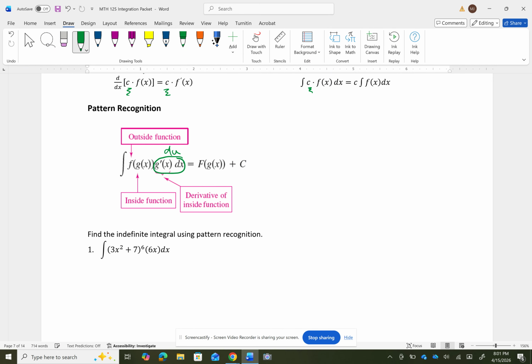On this one, we could have thought of this more like we're integrating f of u, where u is some function of x, like 3x squared plus 1. Then all of that, g prime of x dx, is your du. And what we'd wind up with is F of u plus C.